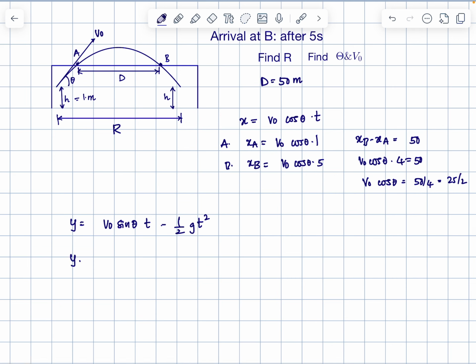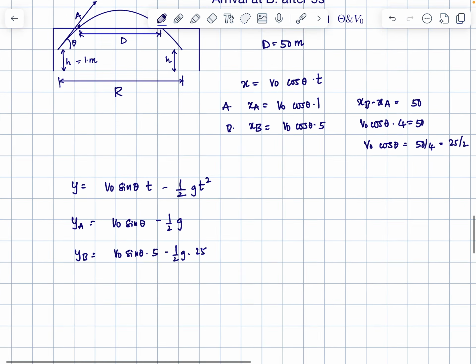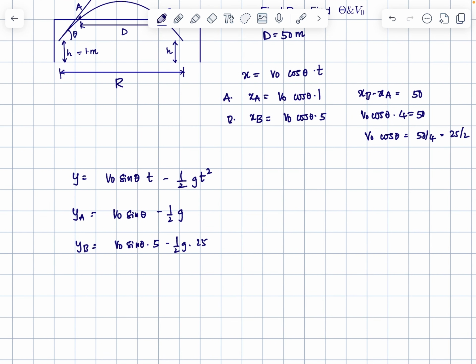Y at A equals v0 sine theta, remembering that t is 1 here, minus half g. Y at B equals v0 sine theta times 5 minus half g times 25. Since the two are the same, we can write v0 sine theta minus g divided by 2 equals v0 sine theta times 5 minus g times 25 divided by 2.